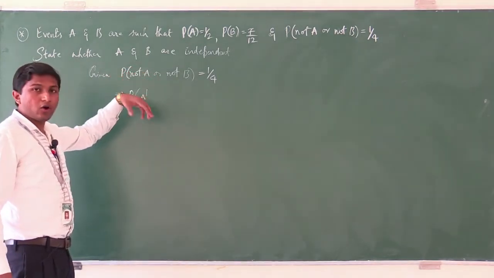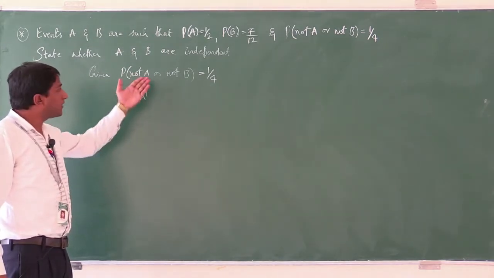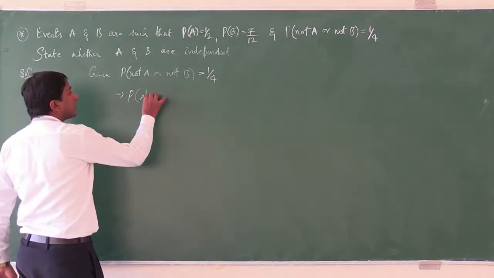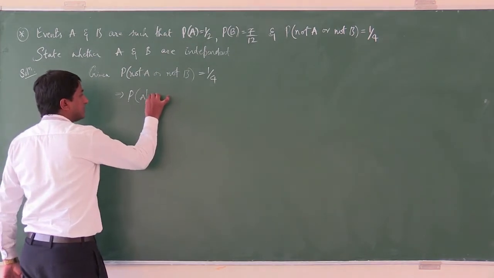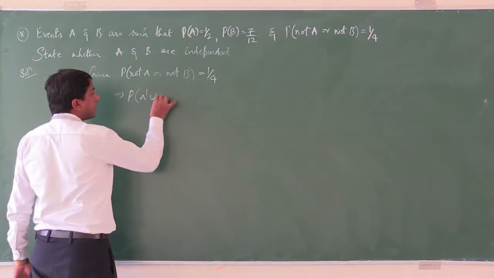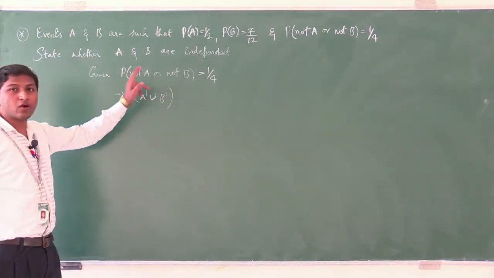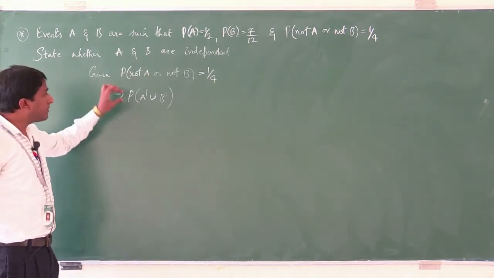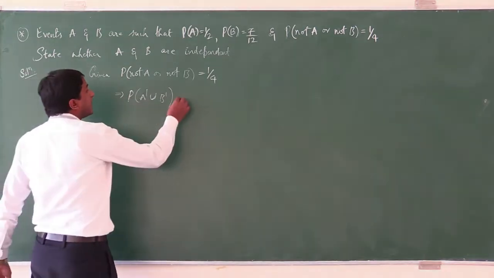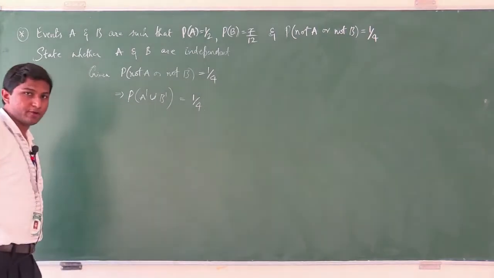The corresponding symbol for and is intersection. So for or we are going to use the union symbol. A dash union, not B is nothing but B dash. So P of not A or not B is nothing but P of A dash union B dash, which is given as 1 by 4.